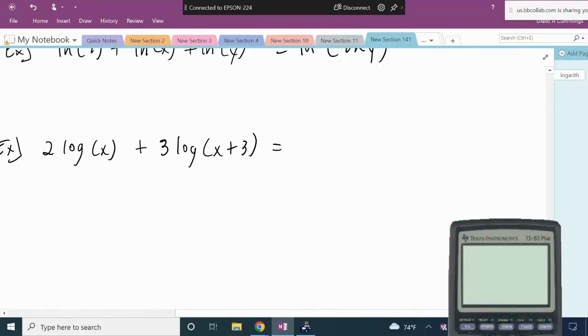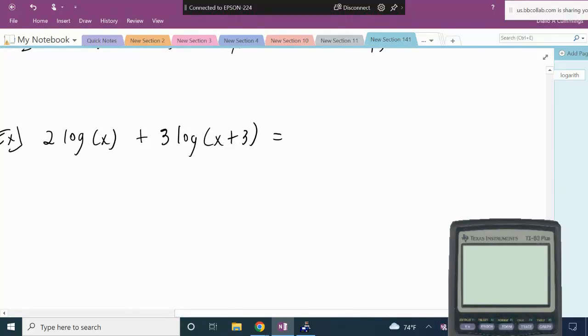Okay, and we're asked to write this as a single log. All right, so here again, we're going to use the properties from earlier. So notice here that we have a plus, right? So that plus indicates a product.